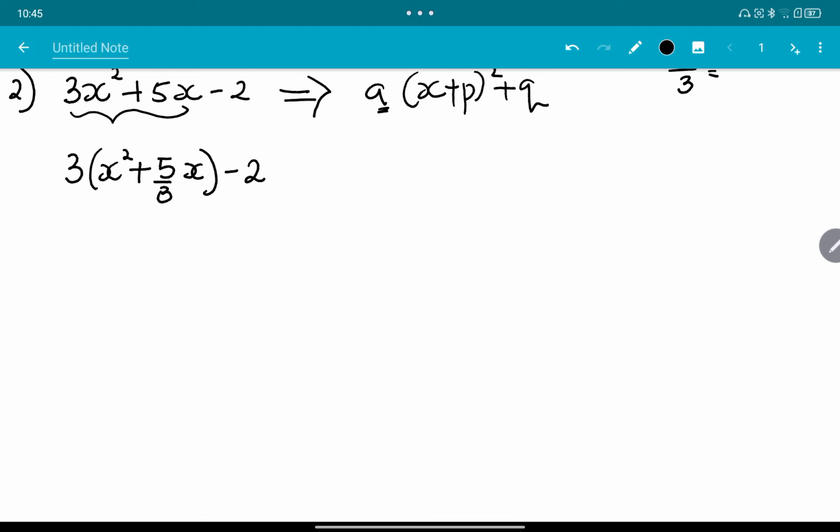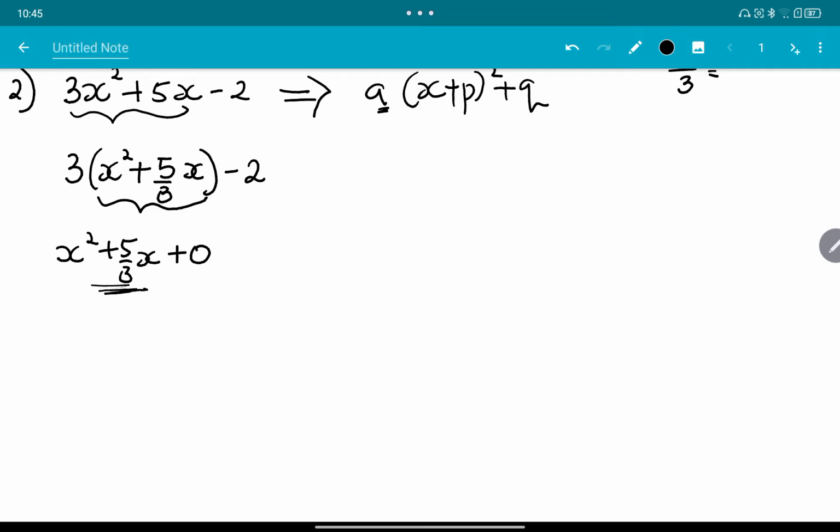Then, looking at the expression inside there, it is a quadratic expression lacking c. In short, if I was to write it as a quadratic expression, I'll have x squared plus 5 over 3 x plus 0, because our c is 0, okay? Once I take that, now I write this in the form x plus p squared plus q.